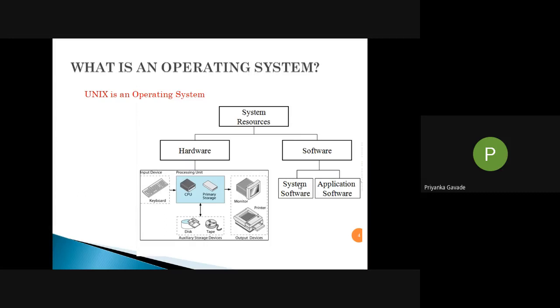A program is just a passive entity, but when you allocate a CPU to it and it starts execution, then it becomes a process, right? So we call a process an active entity, correct?